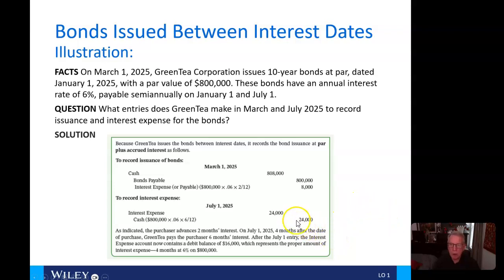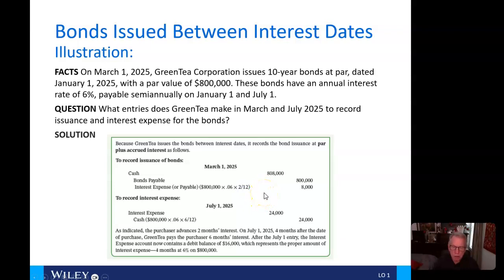Okay, so in this case, $800,000 is going to be our bonds payable, just like we did before. But we have interest expense we're going to recognize on March 1 to the tune of $8,000. That's $800,000 times 6% times 2/12.